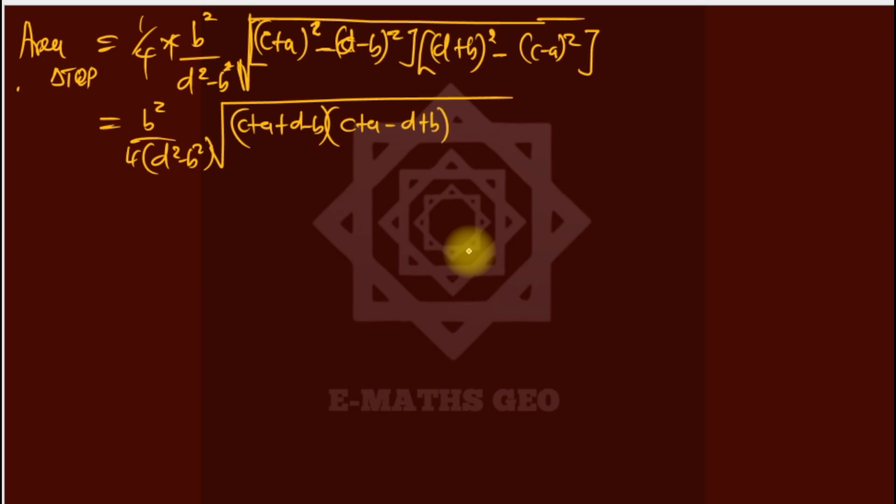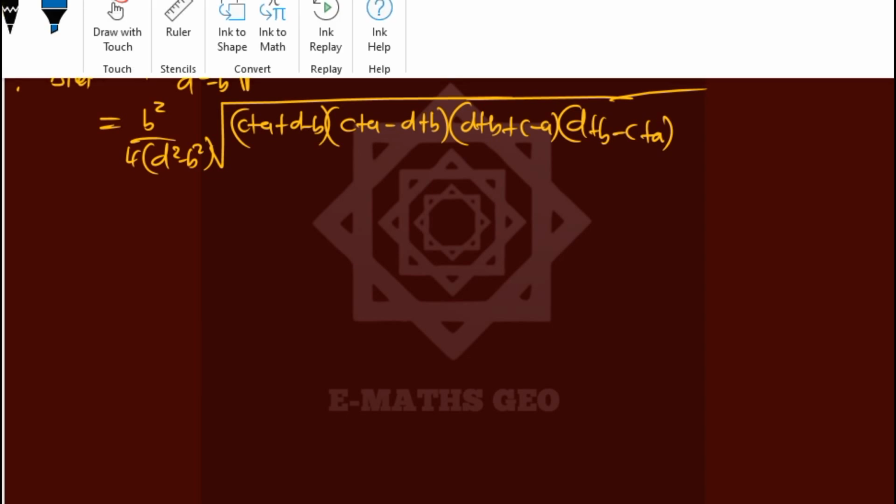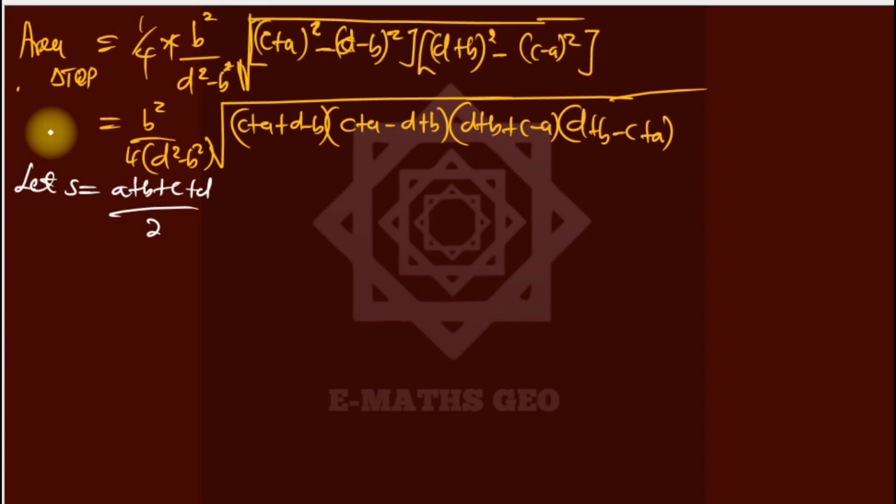That's the first bracket, while the second bracket is (d + b + c − a) times (d + b − c + a). So if you will, let x be (a + b + c + d)/2. That's the semi-perimeter.